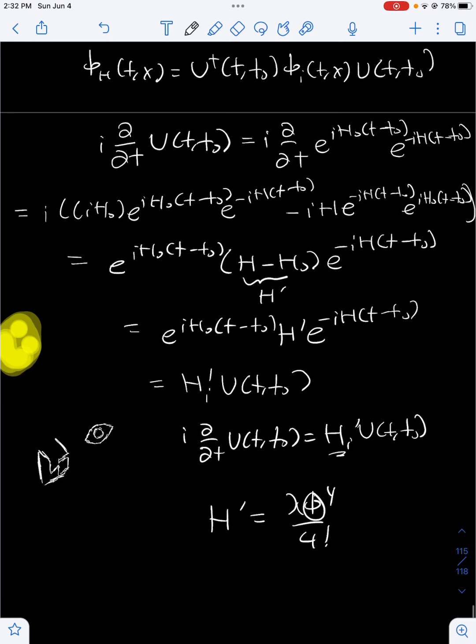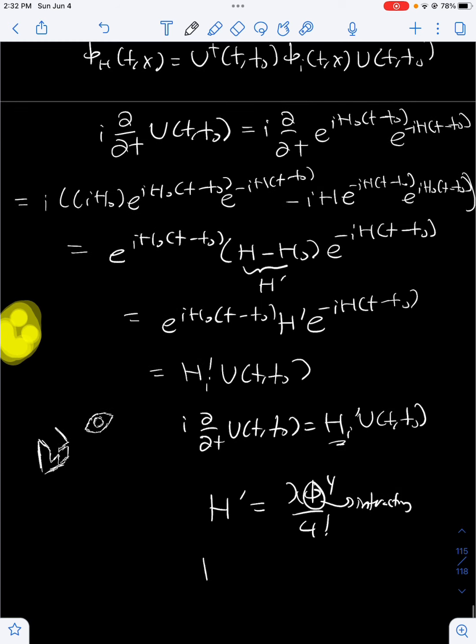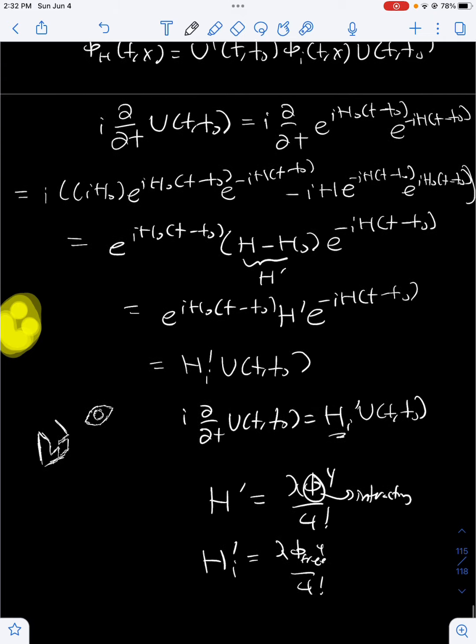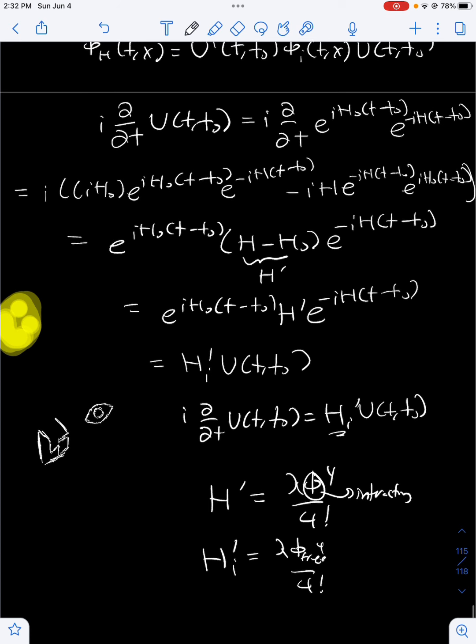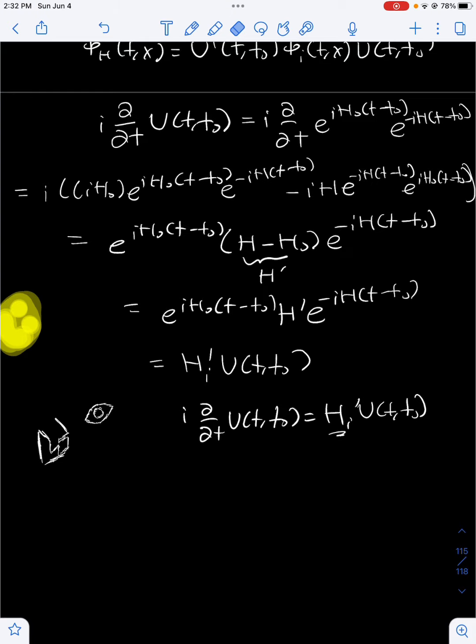So phi contains the interacting field, but in the interaction picture Hamiltonian we have the actual free field expressions. So by using the interaction Hamiltonian, we can put the free field expressions into that part, which means that we can solve this equation for U of t naught, and U of t naught will contain just free fields.